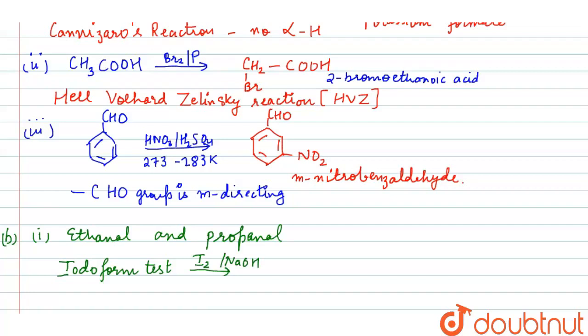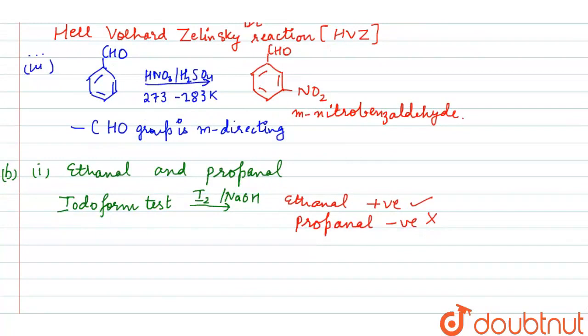Ethanal will give a positive test, and propanal will give a negative test, because ethanal has a methyl group attached to the carbonyl group and propanal does not. So ethanal will give the iodoform test and propanal won't, and so both will be differentiated with this test.